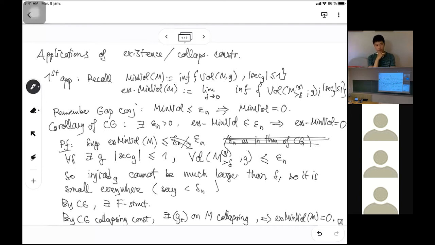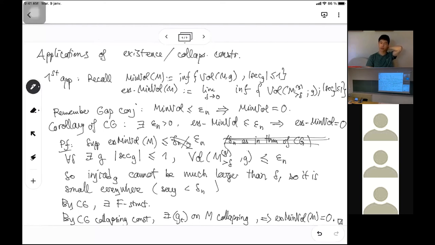And for other values of S min vol and min vol, it's, I think, almost completely mysterious. So we do not have even a vague good idea of what the possible values of min vol or S min vol could be in real life. The first day I told you about the simplicial volume, which is this topological quantity.